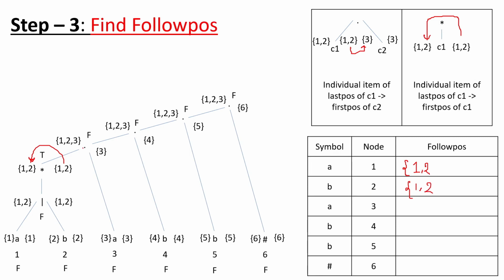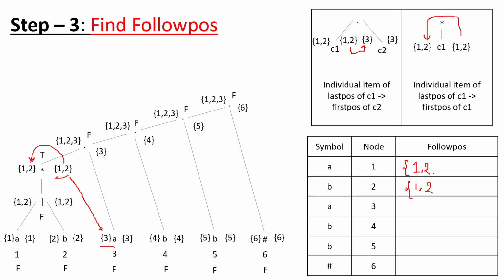Now we've come to this multiplication sign. So we know this is one child, this is another child. This child's last pass is this term, and for this child this is the first pass. So 1 and 2 will have access to these things. So 1 will have access to 3, 2 will have access to 3.